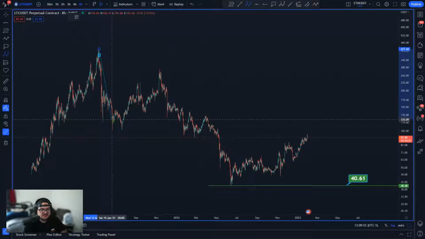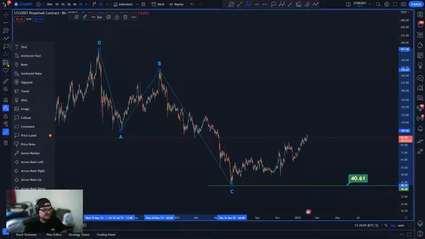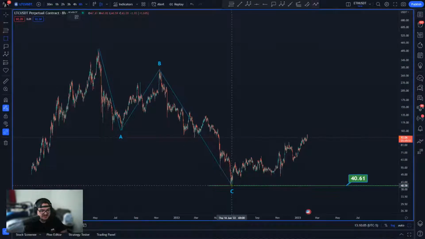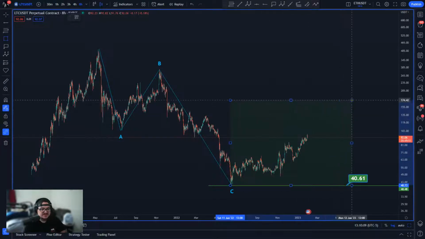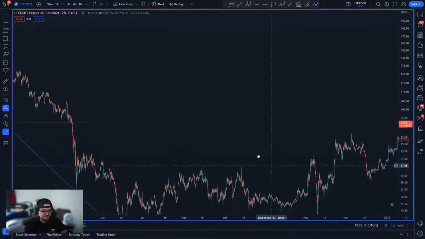Maybe this ABC was the bottom. If that is the case, we have to focus on this area of price action here, because this signifies a much larger separation in trend. We have to focus on what's going on here and see what we could come up with in this area.